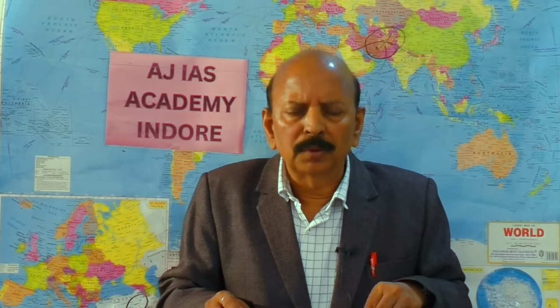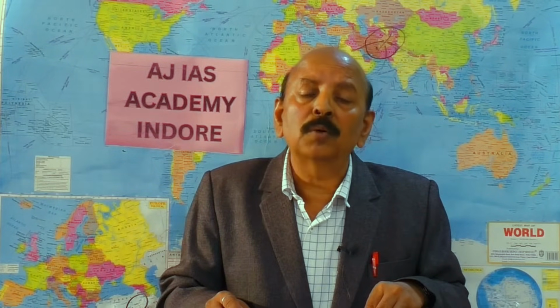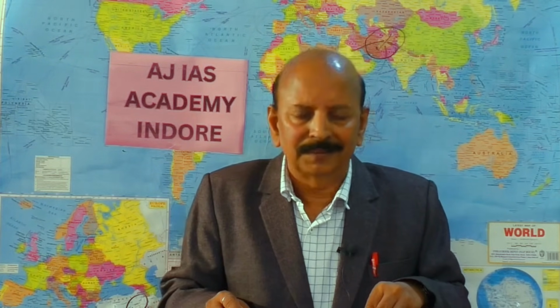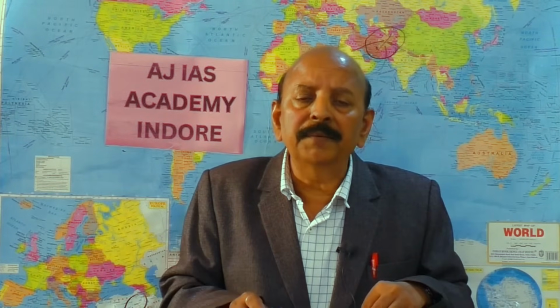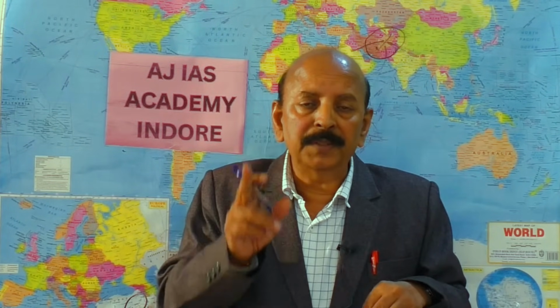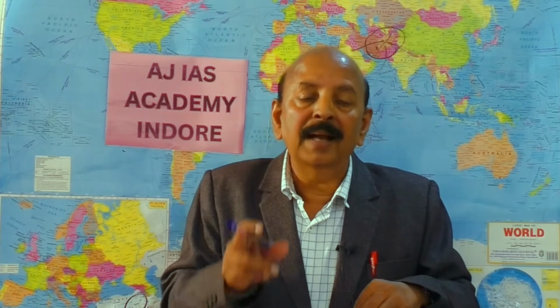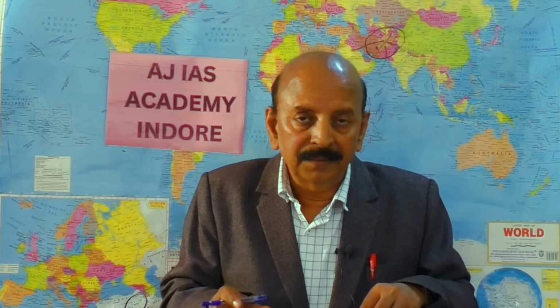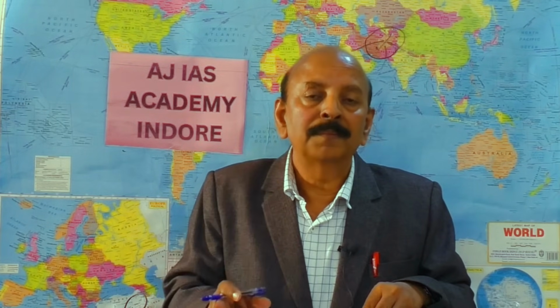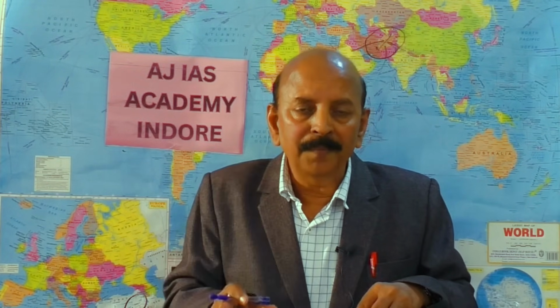He may not produce those evidences in the court of law in the form of charge sheet. Friends, if there is sufficient evidence and the investigating officer has reason to believe that his case may succeed, he will produce charge sheet in the court of law.